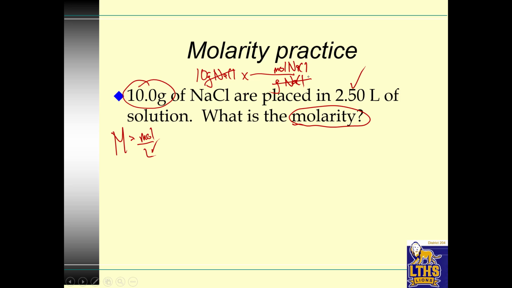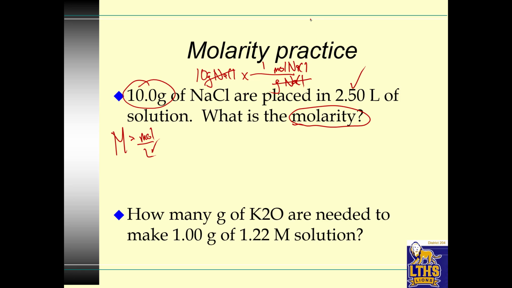Okay? 1 mole equals, go to the periodic table, sodium is 22.98. Chlorine is 35.45. So 22.98 plus 35.45 is 58.43. And that will give me 10 divided by that, and the answer is 0.171 moles.